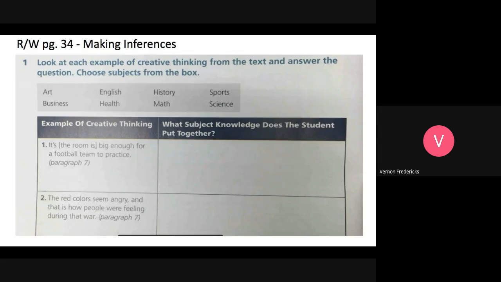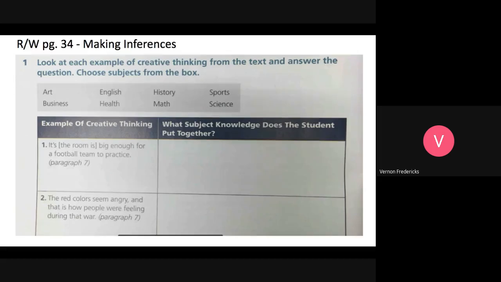Let's do number 1. The room is big enough for a football team to practice. From what subject does that come? It definitely comes from sports.